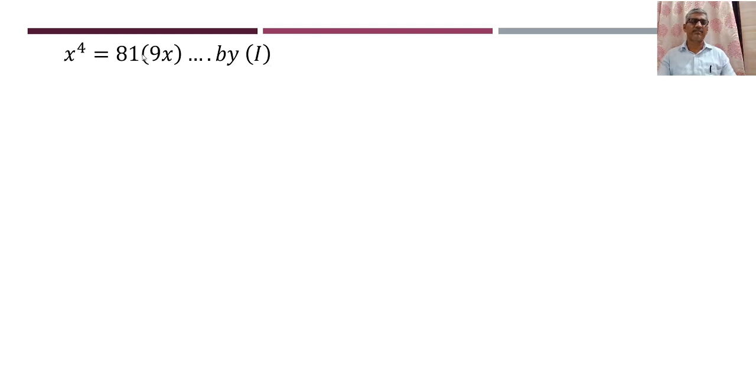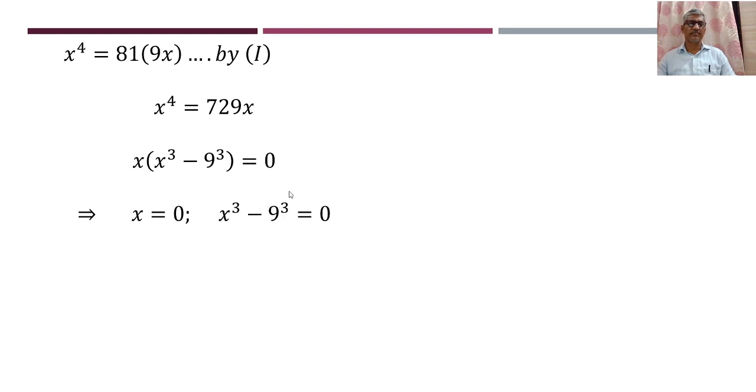See, from equation first we put the value of y square as 9x here. Then 81 multiplied by 9 is 729x, so x raised to 4 equals 729x. Then the RHS 729x taken to the LHS becomes negative. Then take the common x outside the bracket; in the bracket, x cube minus 9 cube equal to 0.